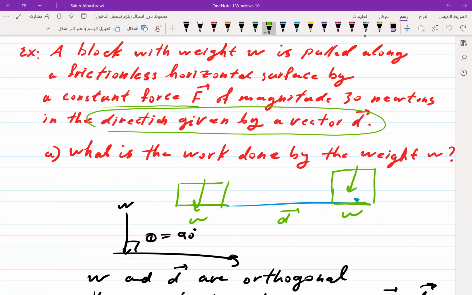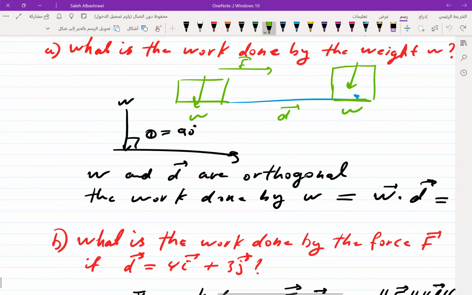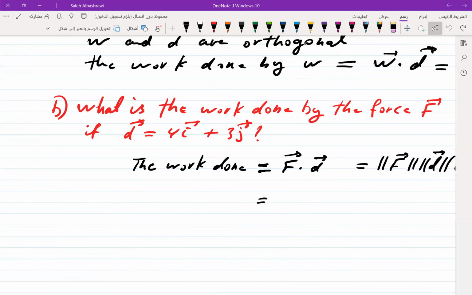So F is moving in this direction also, or it has this direction. F and D have the same direction, which means the angle between them is equal to 0.